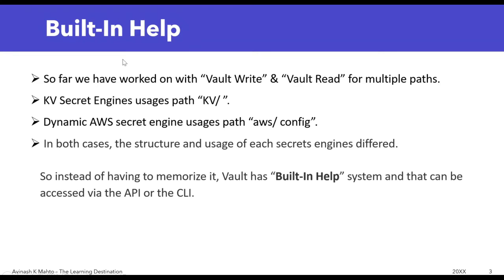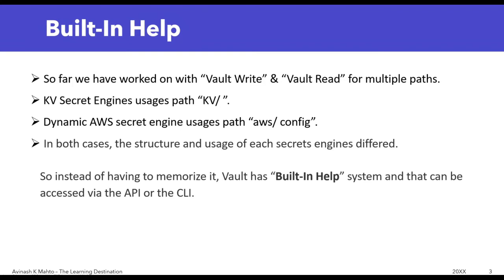In order to understand the built-in help, let me clarify a few things. So far we have worked with vault write and vault read for multiple paths, like KV is using the path kv/. In the same way, the dynamic secret engine is using the path aws/config. In both cases, the structure and uses of each secret engine differ.